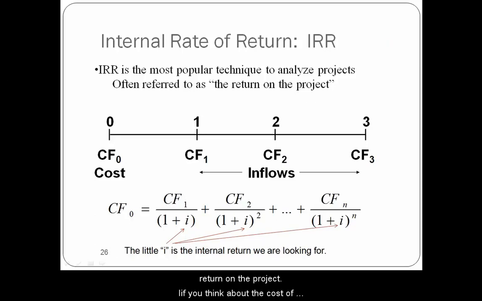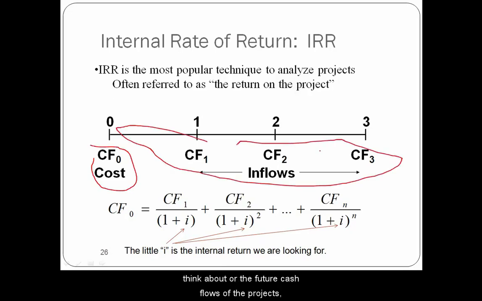If you think about the cost of the project, CF0, and you think about all the future cash flows of the project, you want to find a discount rate that matches all the future cash flows on a present value basis with the initial investment. So when you look at this equation, IRR, the internal rate of return, is actually this little discount rate I that we are looking for.